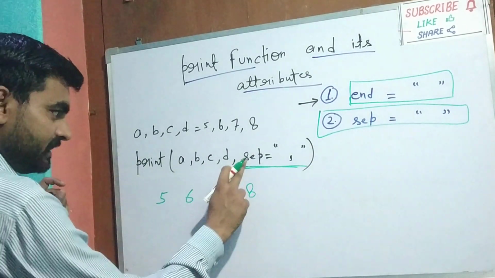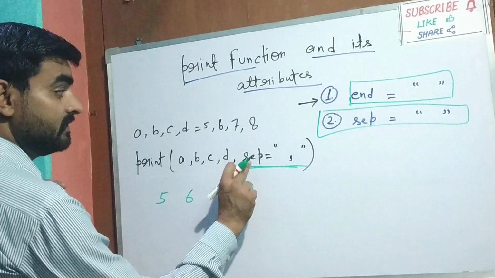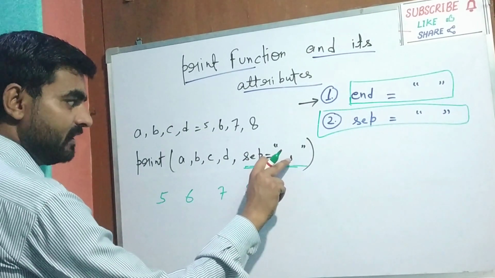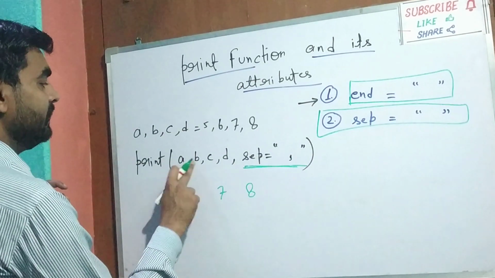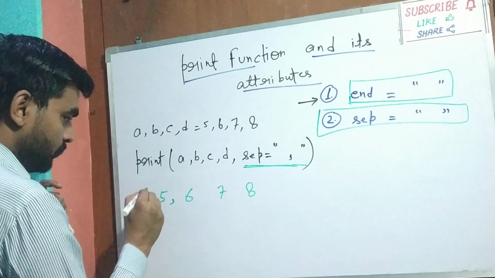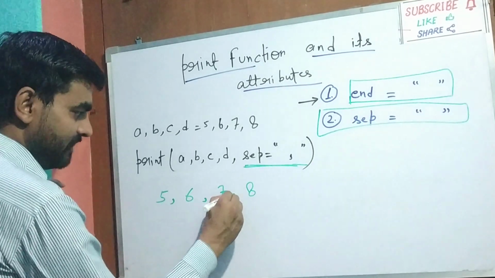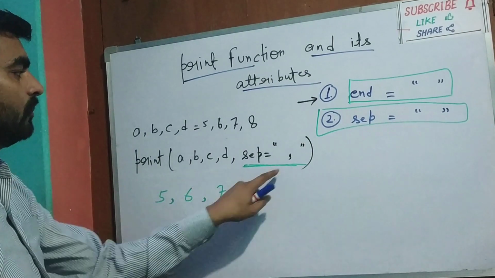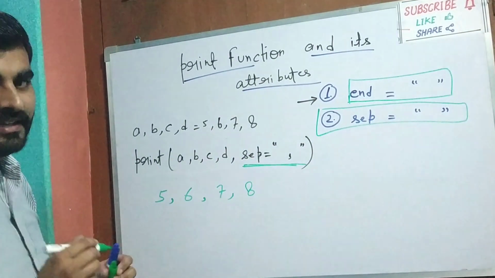It will print, but it will also print the separator, and the separator is a comma, and it will be used after every variable's value: 5, 6, 7. Yes students, this comma is coming from sep.